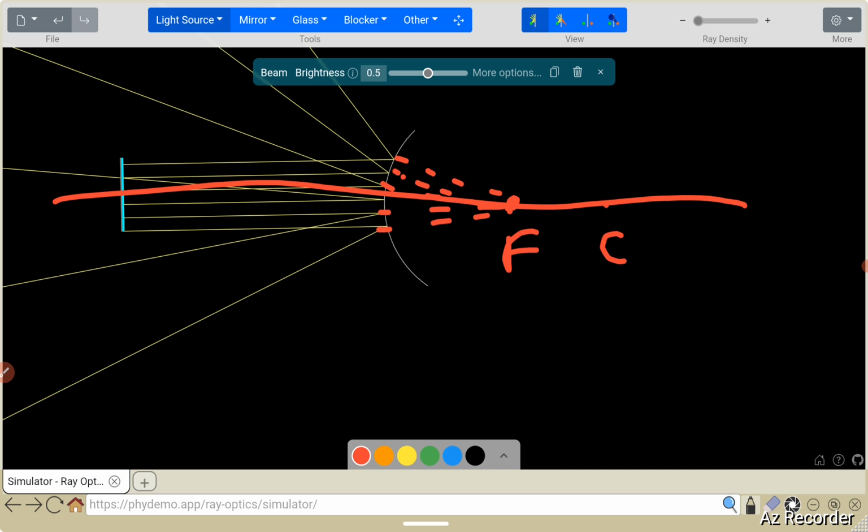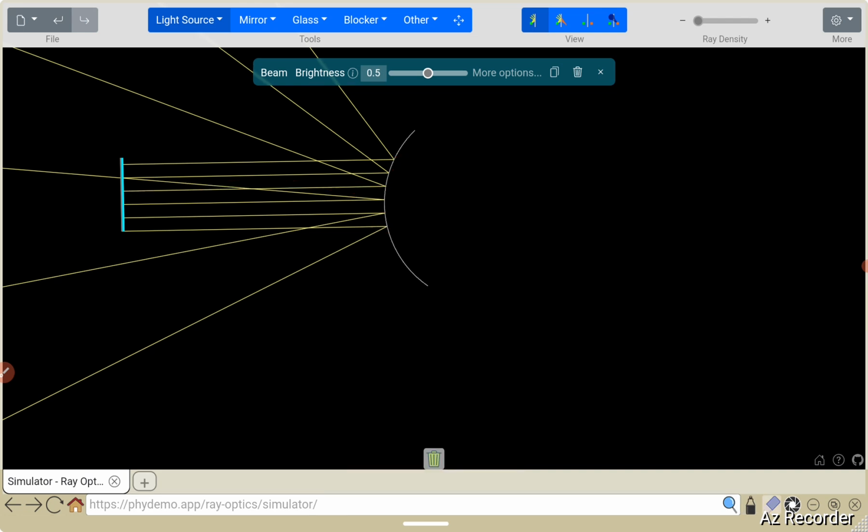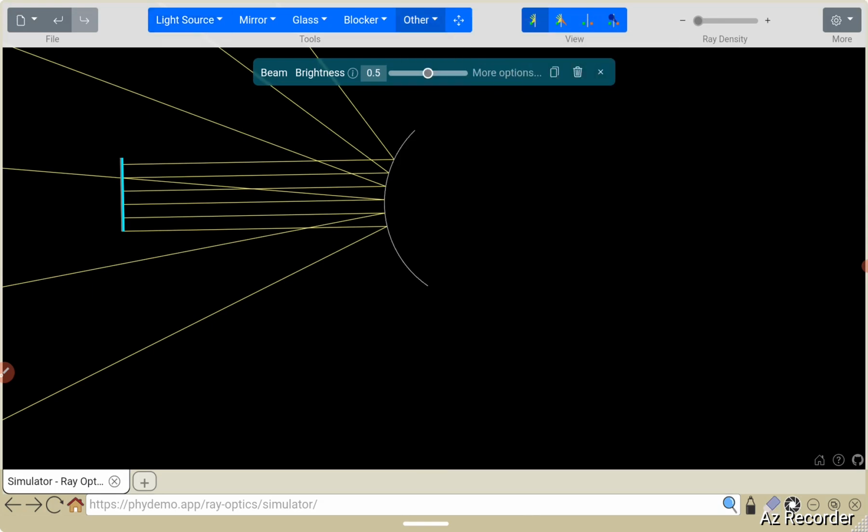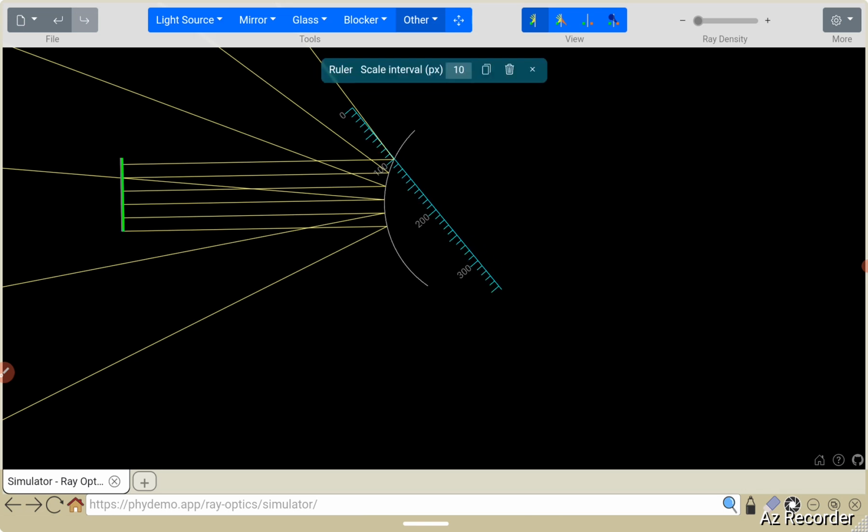Okay. Now let me show you. We will also take a ruler here and join. With a straight line also you can join anything. Small variation is there.